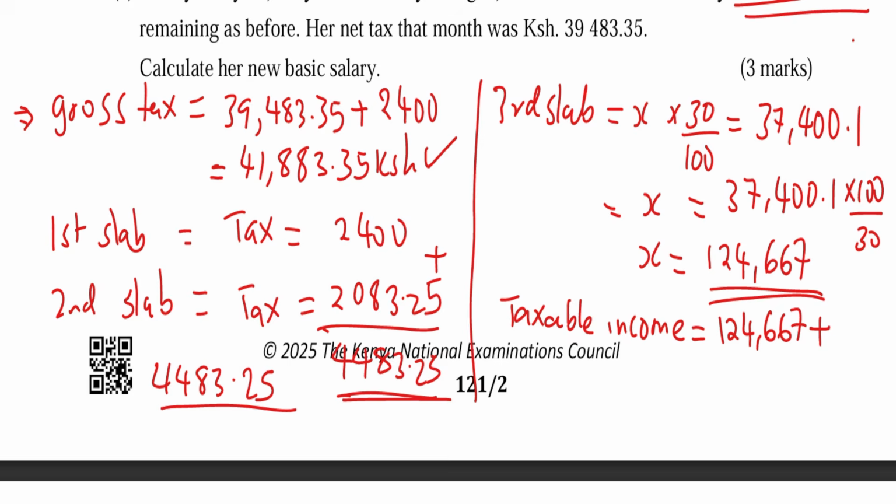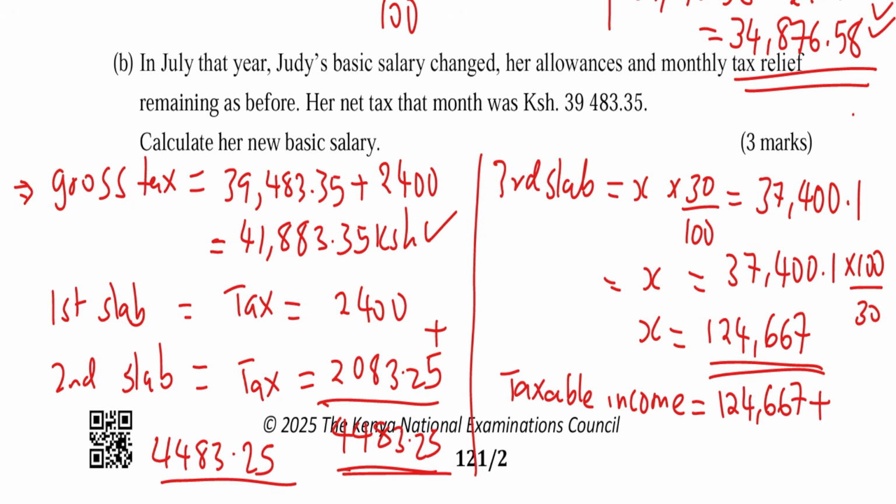So hiyo answer uliopata plus 32,333, ukiadd hizo amounts mbili, let's see how much it gives us. Itakupa 157,000.